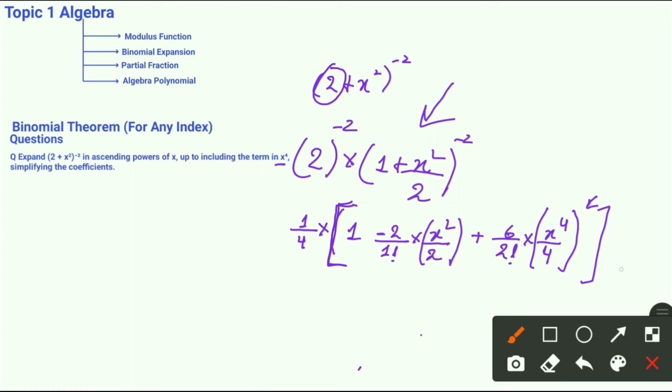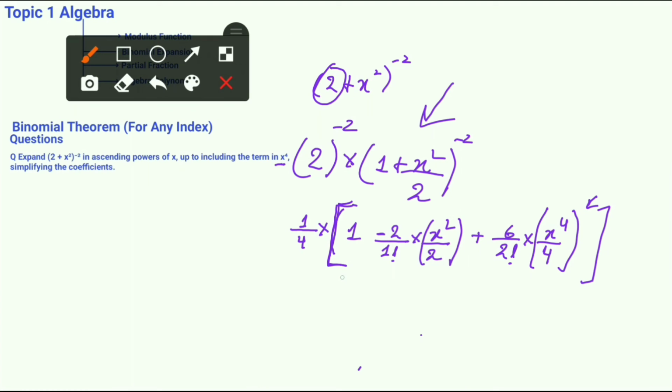Okay, so now we're going to simplify this. So the answer is 1 upon 4. Since this is going to be multiplied to each term, so 1 upon 4. Okay, 2 ones are 2, 2 ones are 2, so minus 1 upon 4x squared.